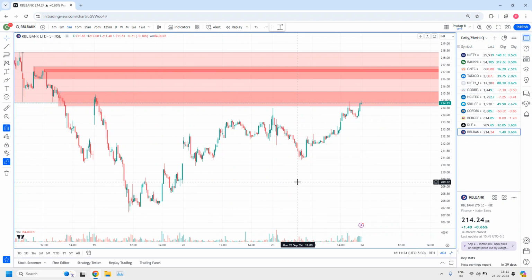Unfortunately, even though the number of HLQ zones is very good, we didn't get a trade. I think this is the first time we have seen 10 high liquidity zones, but we did not get a trade. Generally, if 10 high liquidity zones are there, we get trade opportunities from at least 3 or 4 zones.